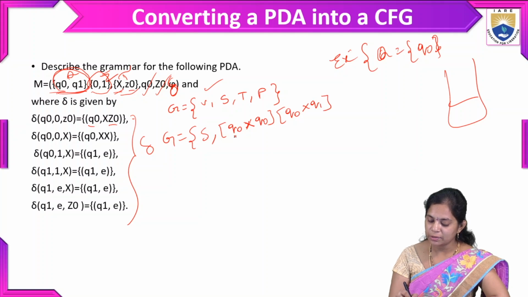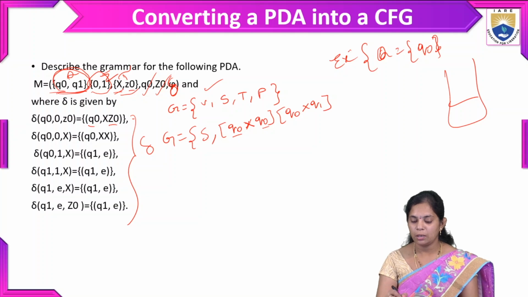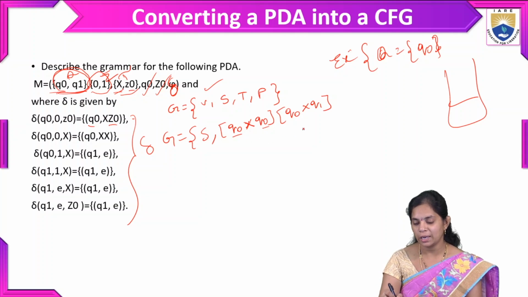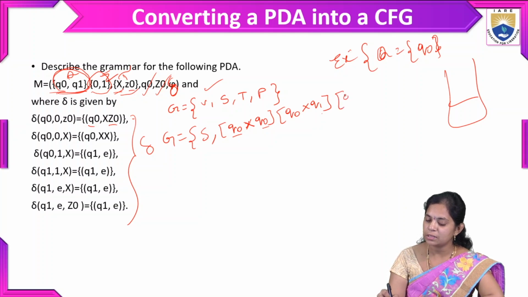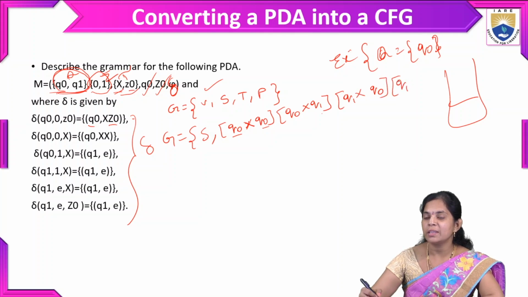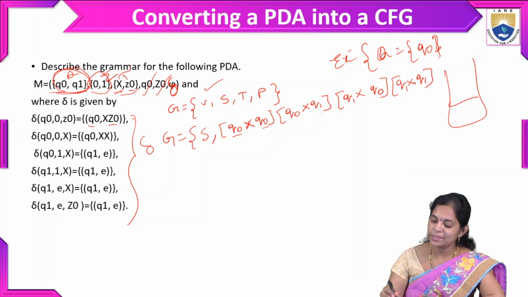And initially we have only the state Q naught with the self state, and here it's a combination of two states. Here the first state is Q1 and the next state is Q naught, and with this combination, here both states are Q1 states. So this is one combination for the top of the stack symbol X.